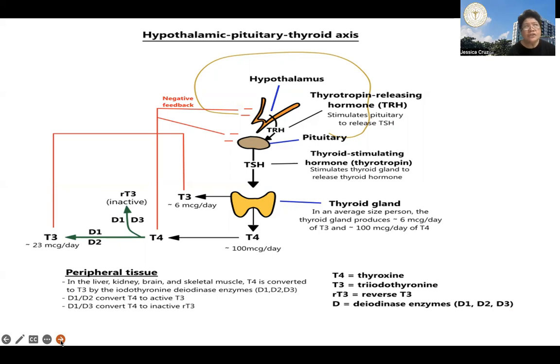And then conditions like severe starvation or illness will inhibit some of these deiodinase enzymes. In such situations, there is reduction of conversion of T4 to the more potent T3, and a facilitation of conversion of T4 to the inactive reverse T3. So this can lead to a decrease in thyroid function when these conditions, drugs, or substances are present.